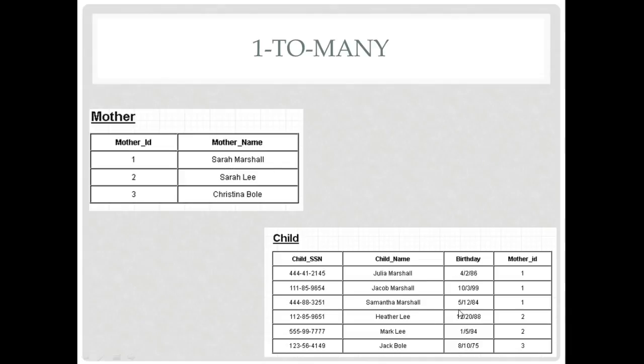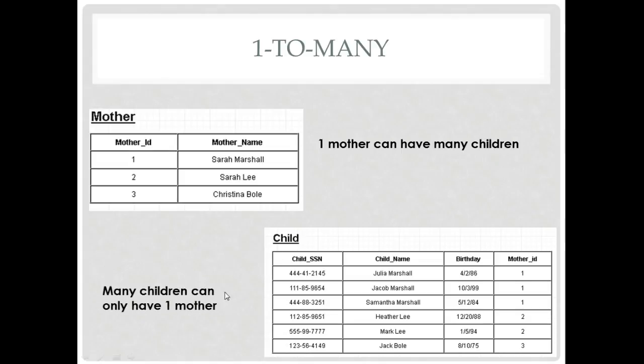And then we also have Samantha Marshall, which you can see how each one of these foreign keys relate back to the primary key. So this is a one-to-many relationship. One mother can have many children, but many children can only have one mother.